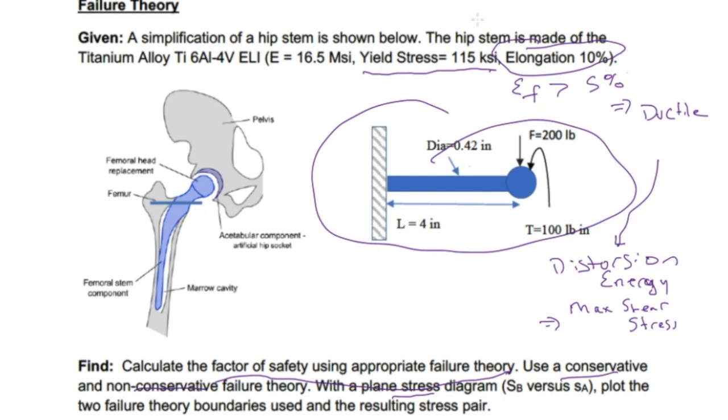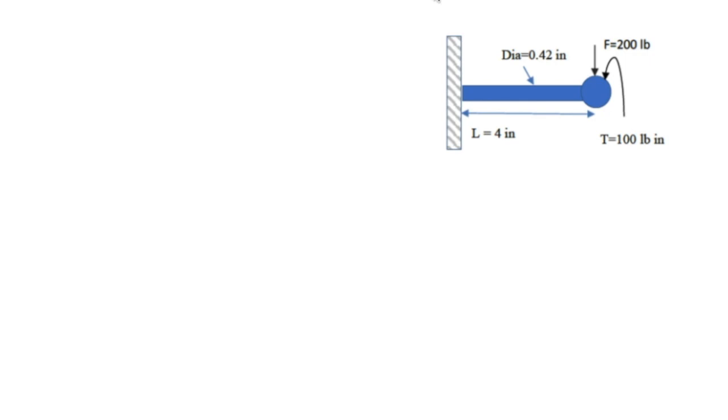So the next thing we need to do is figure out what our stresses are. So we have this force out here that's applied. So our moment is going to simply be the force times the distance.